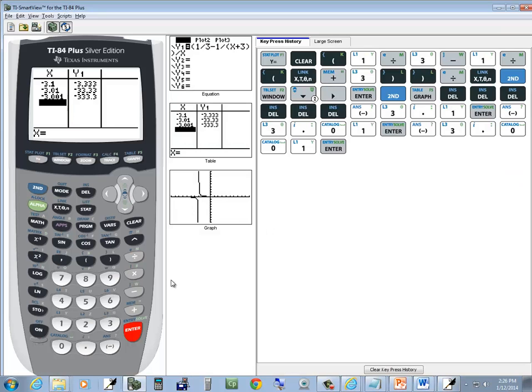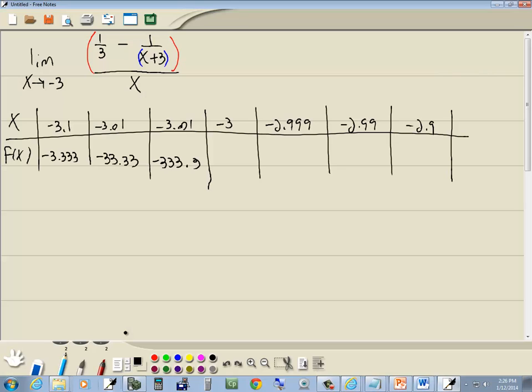Then -2.99, three nines. And we get positive 333.33.